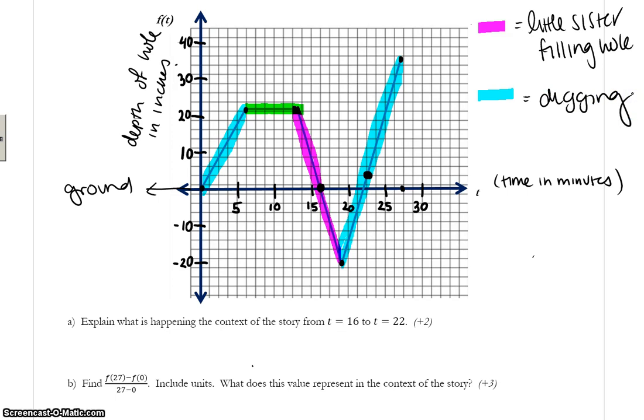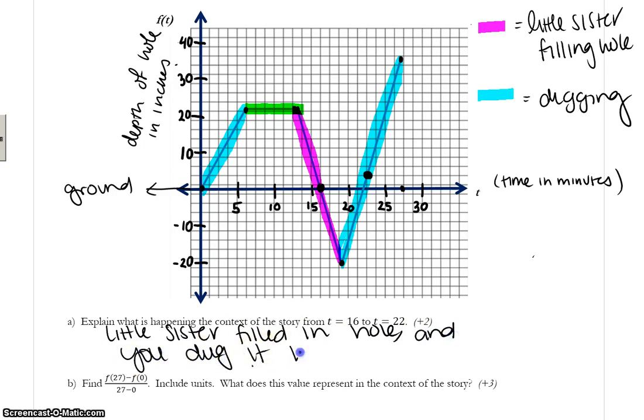So from 16 to 22, we see that the little sister filled in the hole, and you dug it back up. So you can see she fills in the hole some amount, and then he digs it back up the same amount and then digs a little bit more. So probably got maybe 2 to 4 inches into the ground ultimately in that time period.